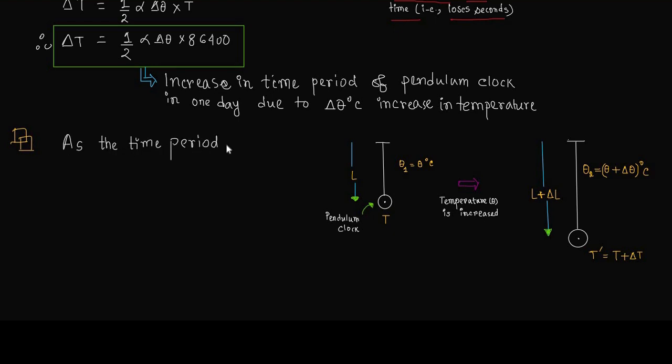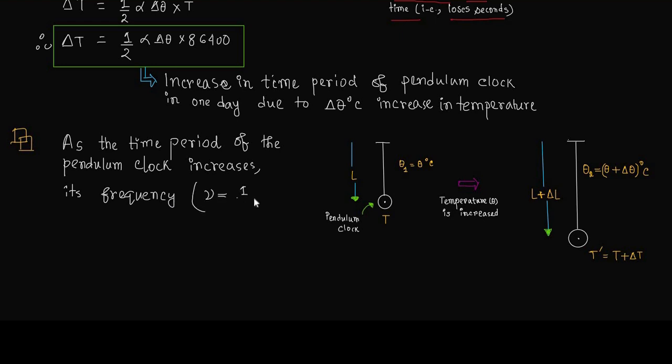As the time period of the pendulum clock increases, its frequency, nu equal to 1 by capital T, decreases.